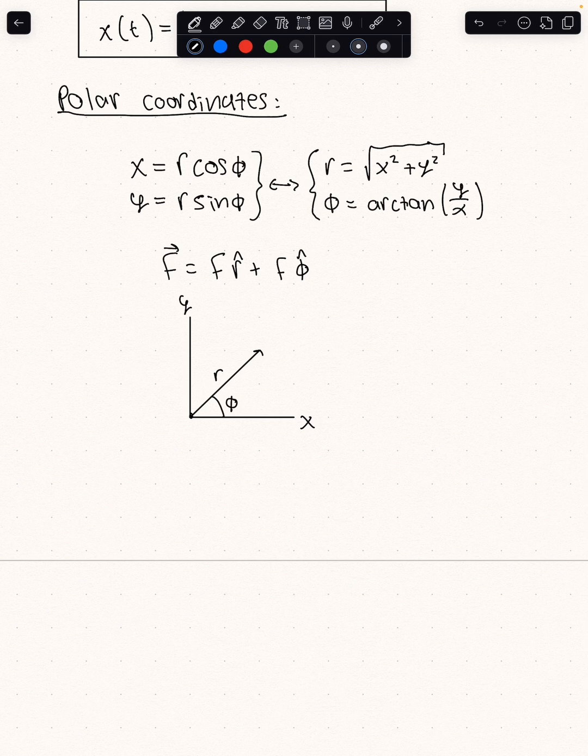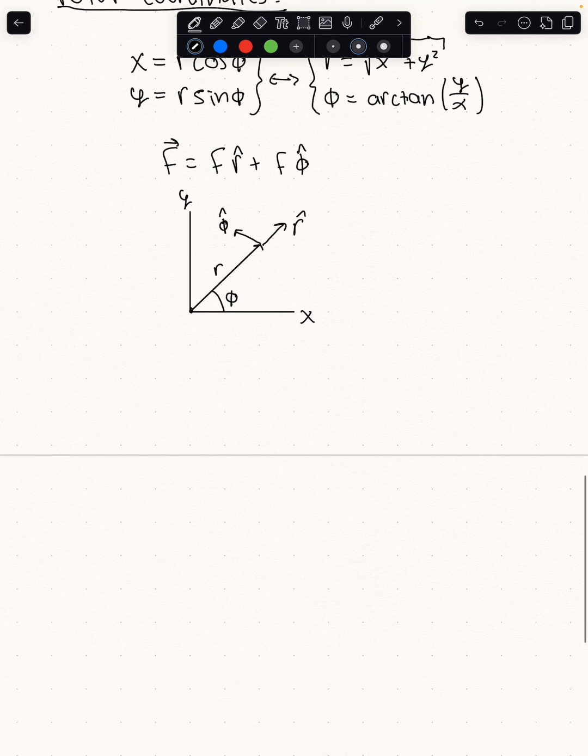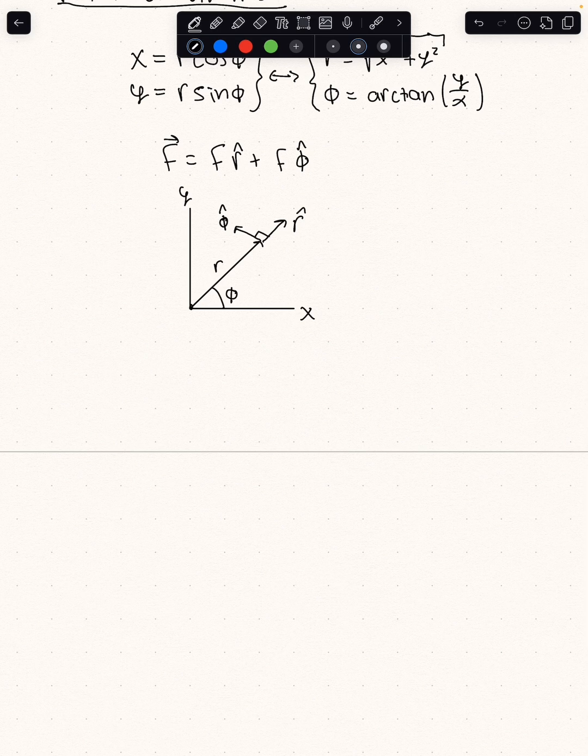It's going to have an angle phi, and then the r hat direction is the direction it points, and the phi hat direction is perpendicular to the r hat direction. Doesn't exactly look perpendicular, but we'll say these are 90.